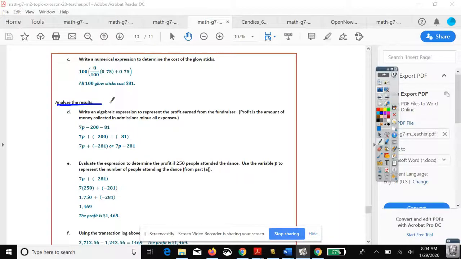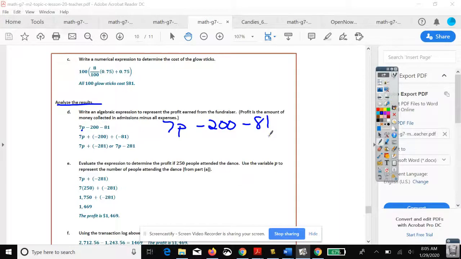Analyze the results. Write an algebraic expression to represent the profit earned from the fundraiser. Profit is the amount of money collected in admissions minus expenses. So $7 per ticket. So that's 7 times each person, minus the $200 we spent on the DJ, minus the $81 we spent on glow sticks.